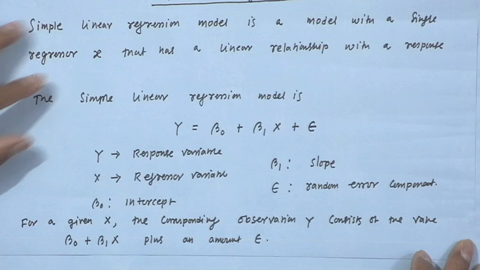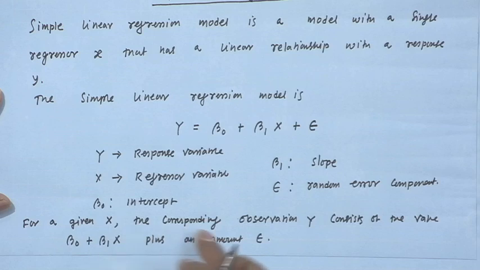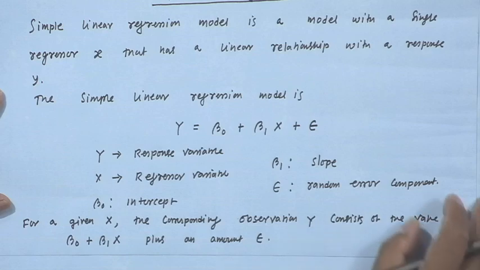So, it says that given the advertising cost, the corresponding sales amount consists of the value beta naught plus beta 1 x plus some error component, I mean that is a variable component. Okay.